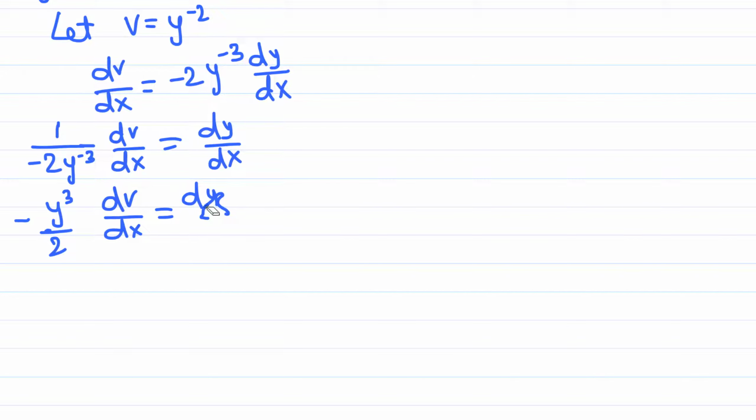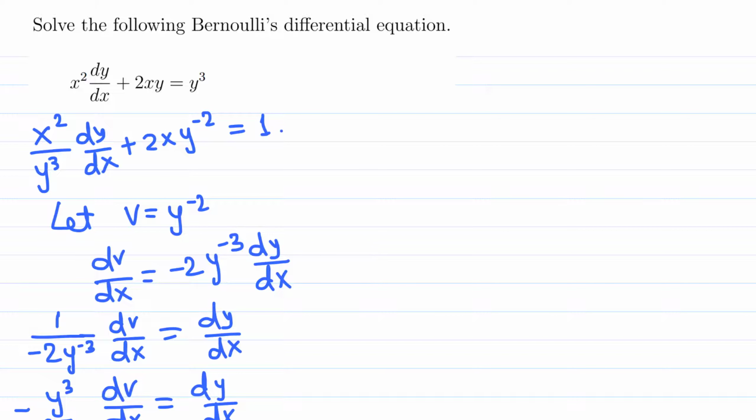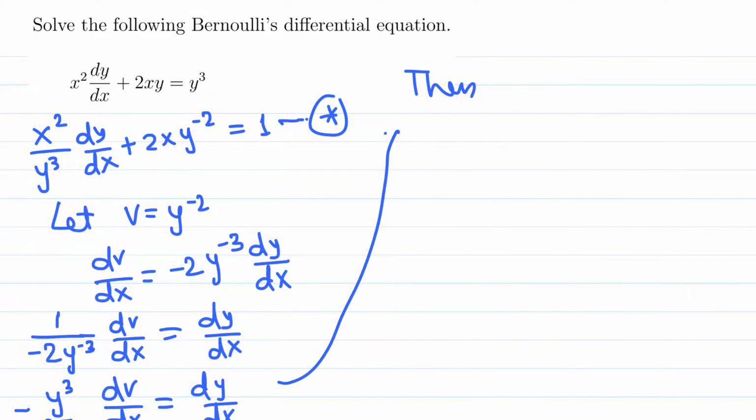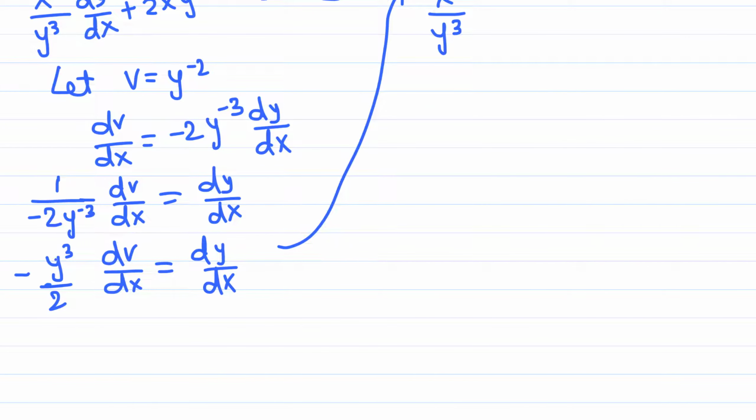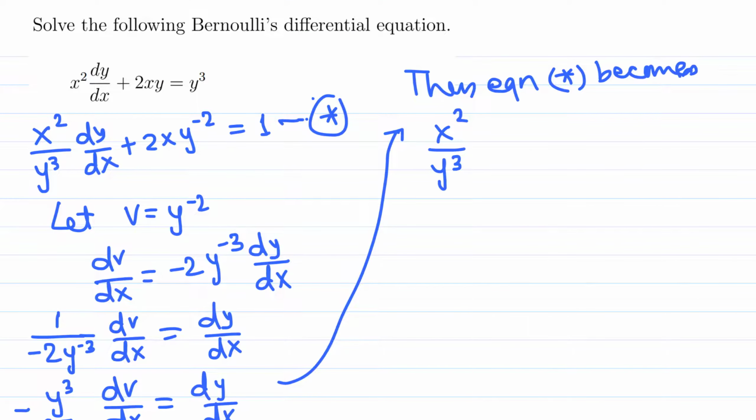Okay, now with this equation, equation star becomes, let's see, we got x squared over y cubed, and dy over dx we found over here: dy over dx is negative y cubed over 2 dv over dx.